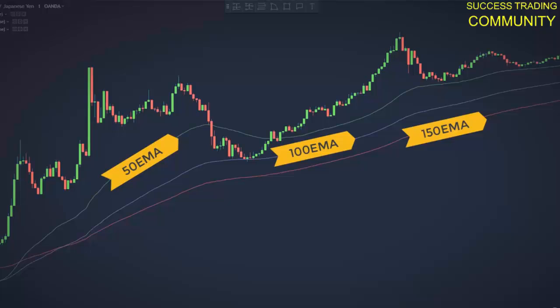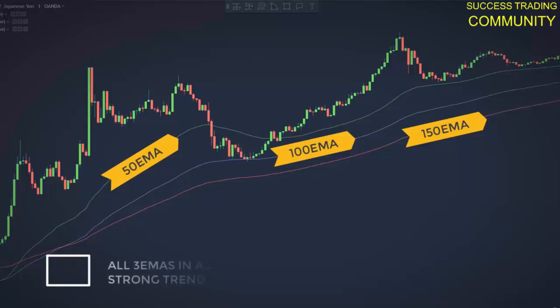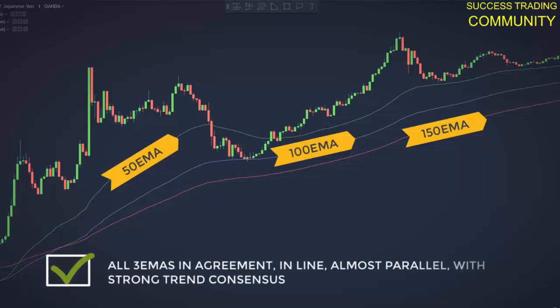Looking back at this chart, notice how price pushed above the 3 EMAs and traded steadily higher, the price staying above the 50 period EMA the entire time. The fact that all 3 EMAs were trading higher at around 45-degree angles during the advance was very bullish. This is the image we'll search on our charts, meaning all 3 moving averages in agreement, in line, almost parallel, with strong trend consensus.